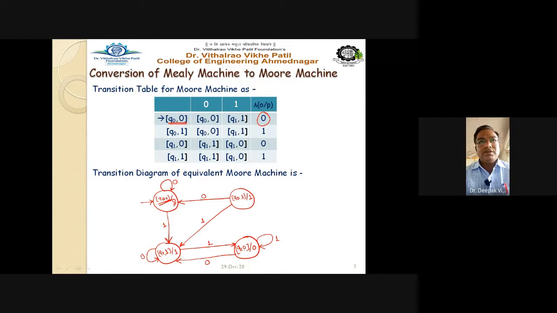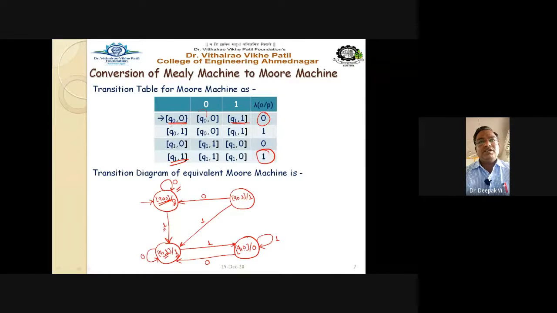It is written here, right? Then the transition on 0 is nothing but a self loop. That's why it is marked as a self loop. Now on 1 it goes to Q11. So a second circle is drawn here, the state Q11, and the output associated with Q11 is 1. That's why /1 is written here.